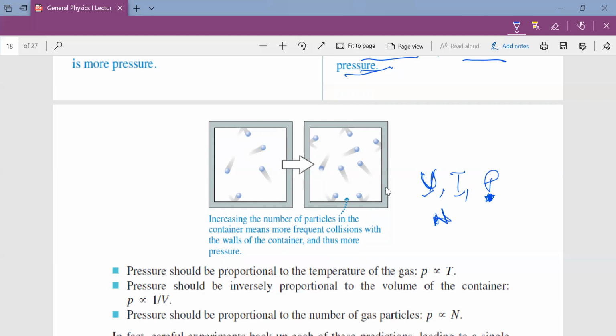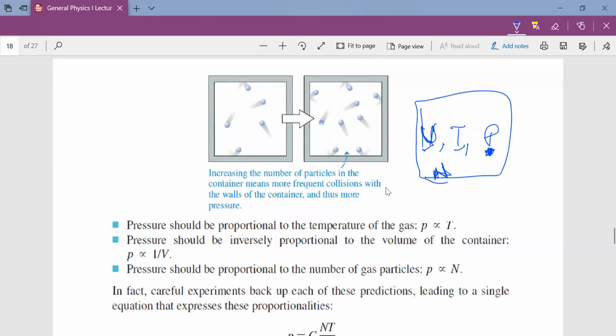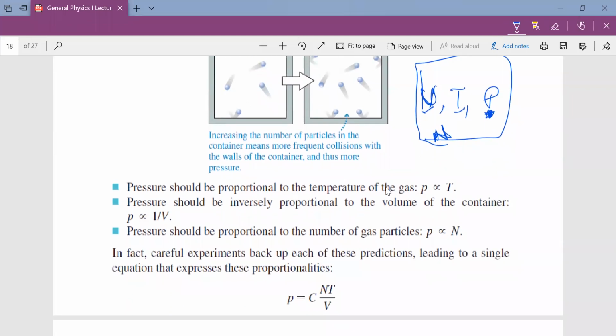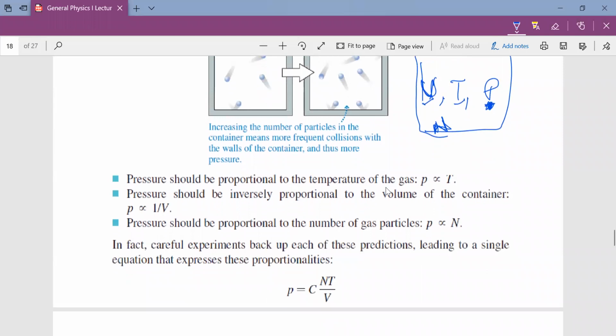If we can manipulate these three parameters to vary the condition of the gas, then there must be a law that applies these three to bring about the change we see in such a system.